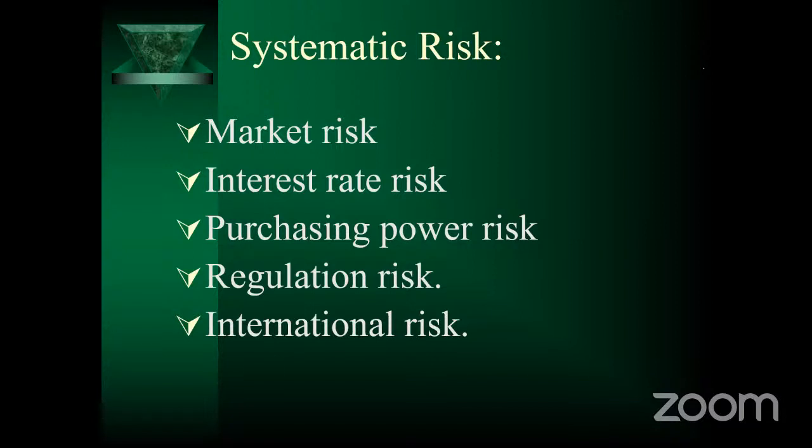Whenever we are dealing with international business, that means export, import, or you may go for your business in various countries, definitely there will be some sort of risk due to international transactions or some international system. So this is also coming under systematic risk. So market risk, interest rate risk, purchasing power risk, regulation risk, international risk, all are coming under systematic risk.